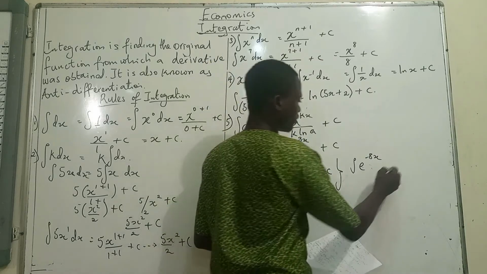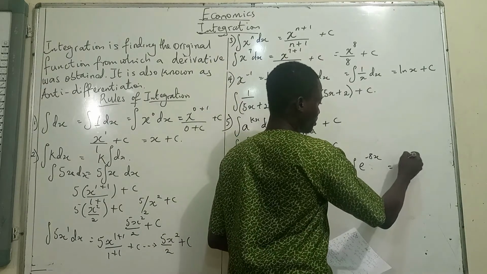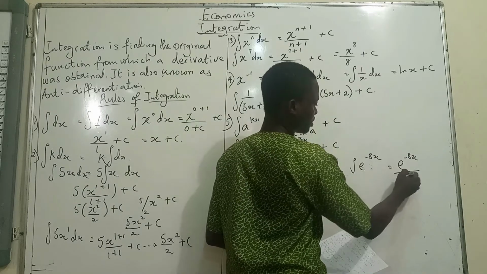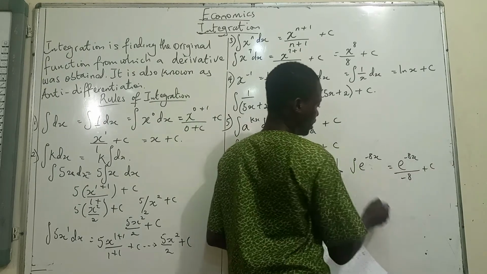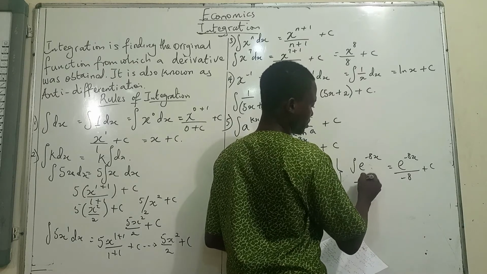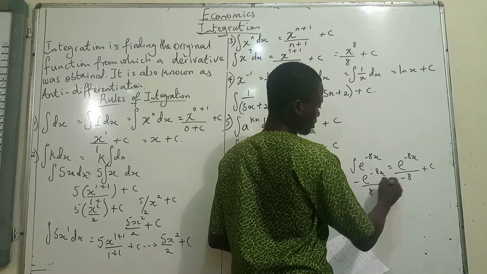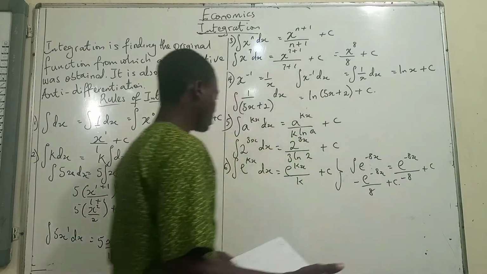So this is just going to give us e raised to the power minus 8x again, divided by what is beside x, minus 8, then plus the constant term. So this is basically minus e raised to the power minus 8x over 8, then plus the constant term. So nice, right?